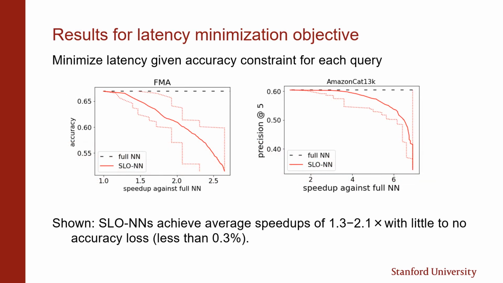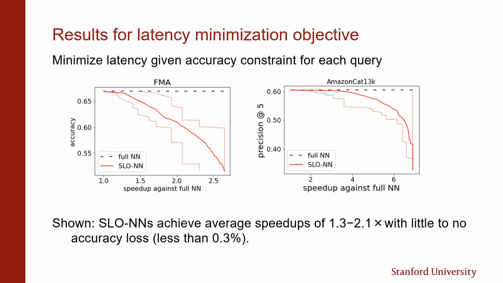If you'd like to know more about the details of the node activator, please read the paper. But for now, let me demonstrate some preliminary results we had in experimentation with SLONNs. In the situation where the optimization is to minimize latency given an accuracy constraint for each query, here I'm showing the accuracy versus speedup plots for two different datasets, FMA and Amazon K13K.